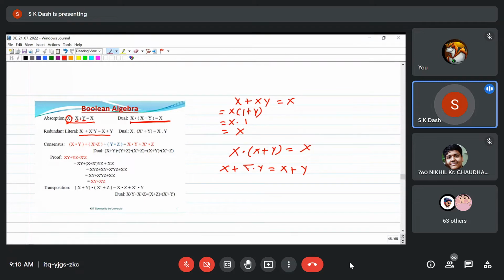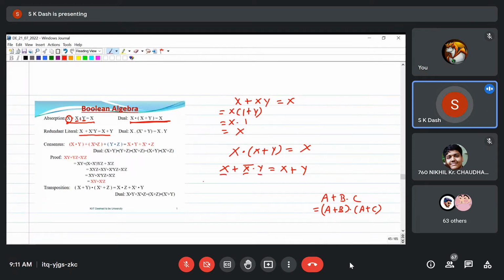Here we can go for the distributive law. It is in the form of a plus b dot c. a plus b dot c is (a plus b) dot (a plus c). In this expression, x is a, x bar is b, y is c.